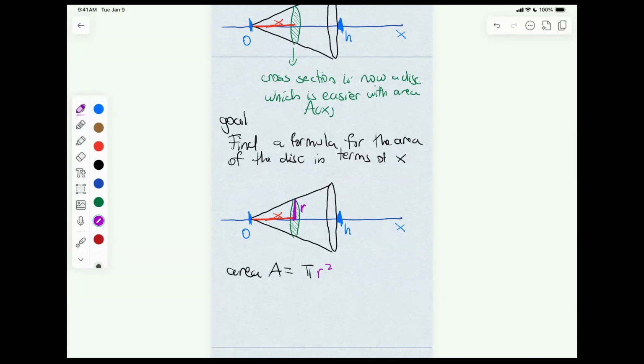And so what we're actually trying to do is find a way to write r in terms of x. The moment we have r in terms of x, then we're good to go. That is actually the difficulty of the problem. The difficulty is not in the calculus, it is in the high school geometry, because working with the diagram can sometimes be harder than doing the integral, which is more mechanical. Is that making sense?